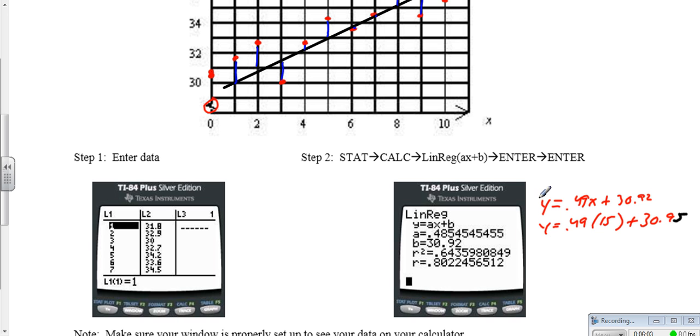So y equals, and I crunch my numbers: 0.49 times 15 plus 30.92, and I get 38.3. What this says is that we predict that if the pattern is consistent, in the year 2000 you will have a zucchini of length 38.3.